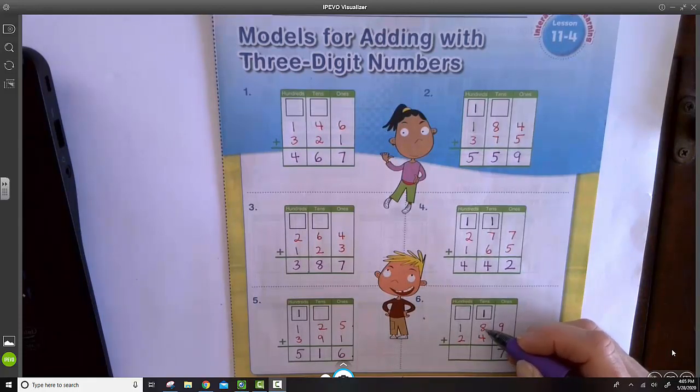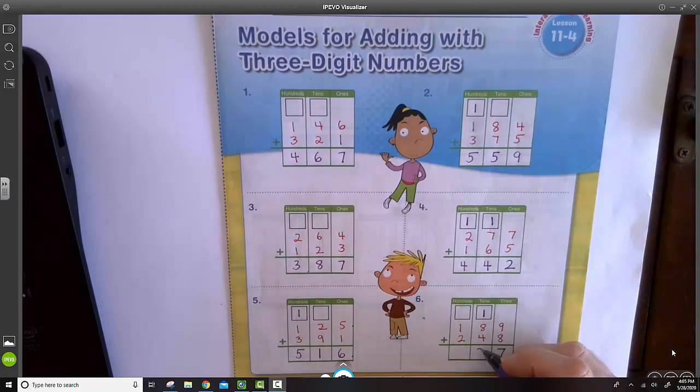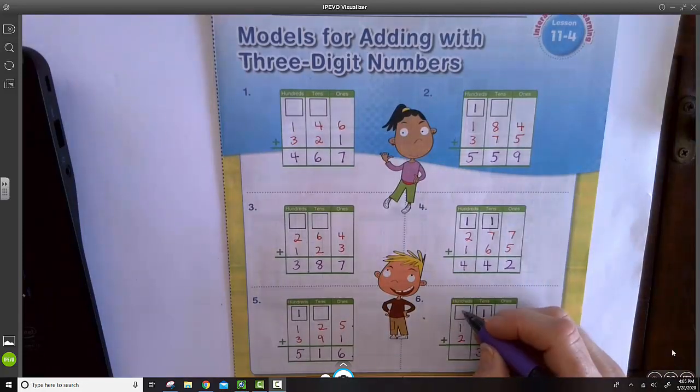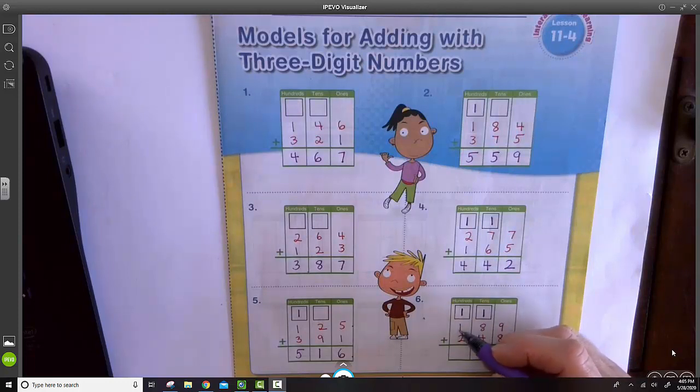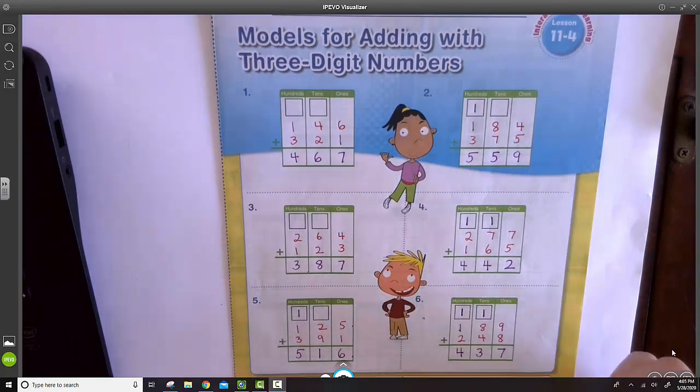So 8 tens and 4 tens is 12, and one more would be 13 tens. I put 3 of the tens in our tens column, and I regroup the 10 tens, which would be 100, and it's in the hundreds column. Again, I see the doubles. 100 and 100 is 200, plus 200 more would be 400. The sum of 189 plus 248 is 437.